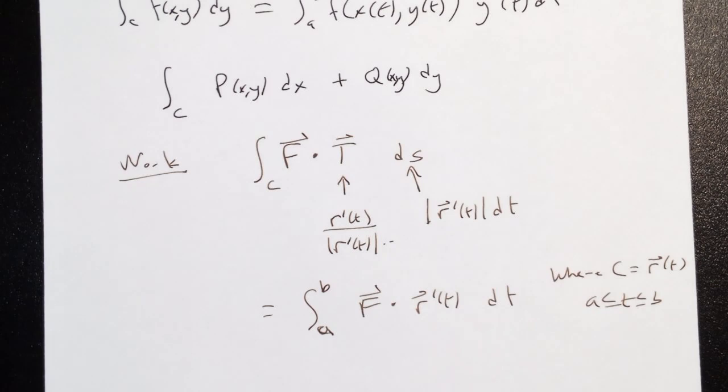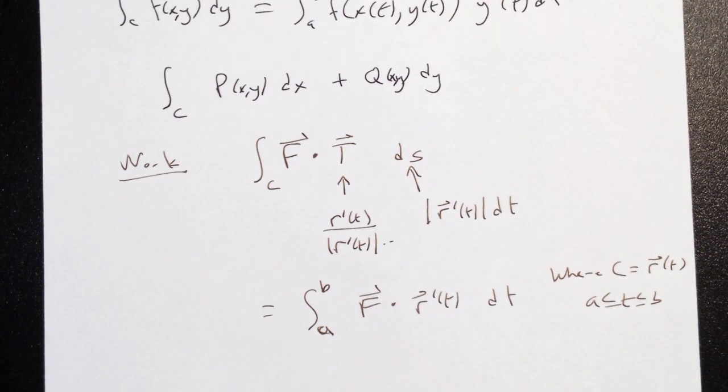Along what? Along this funky path r of t. This is the work done by a field. This is your electric field doing work, your magnetic field doing work, your gravitational field doing work. This is exactly the physics definition of work. But it's a vector field.